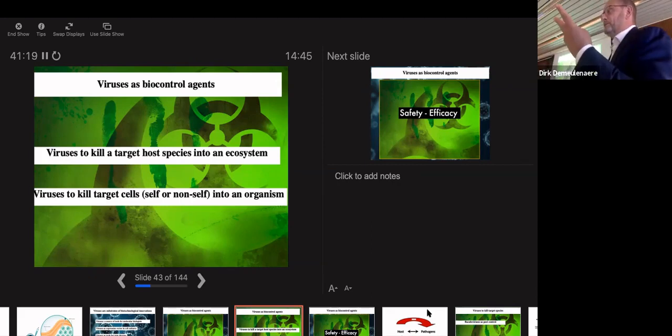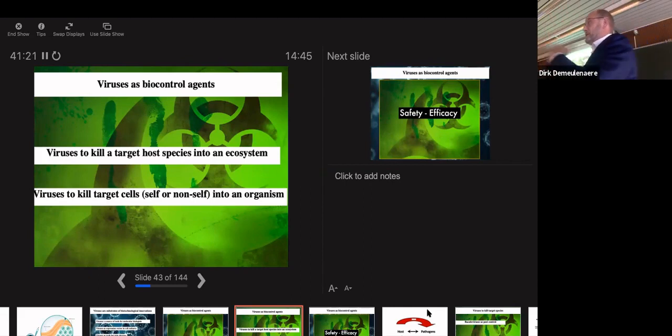Either they are self cells, meaning cells derived from this organism. So what type of cells do you want to destroy in an organism? Well, for example, tumor cells. If you have a tumor inside your body, it would be interesting to have a virus that kills them. This is called viral oncolysis. So you use the virus to kill abnormal cells in the organism.